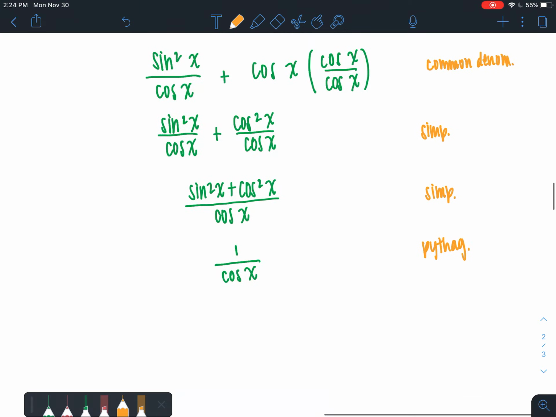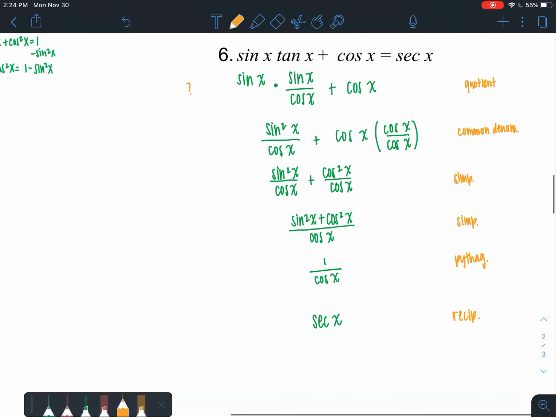Finally, 1 over cosine of x is equal to secant of x using the reciprocal identity. And that is what we wanted at the beginning. We wanted secant x, we got secant x, so we finished that problem.